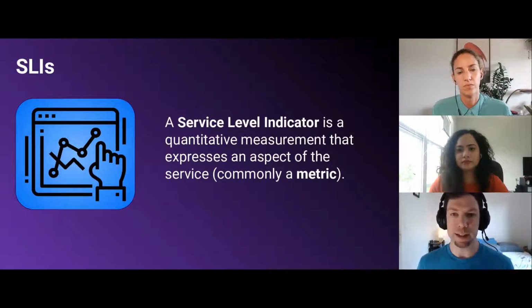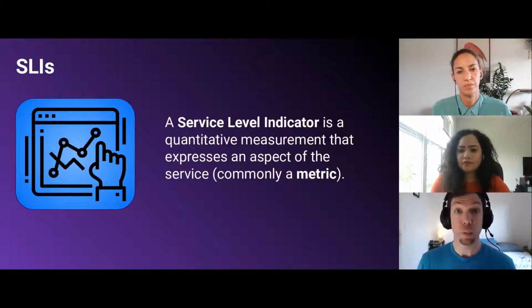When we talk about an SLI, we're saying that it is some sort of important metric, some sort of indicator about the health of your systems, about the posture of your organization, about the capacity of your business, of your organization to do whatever it is that you're supposed to do, right?